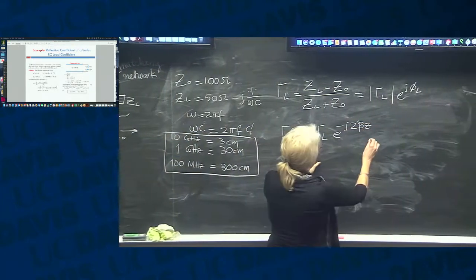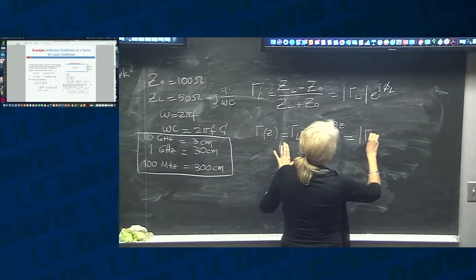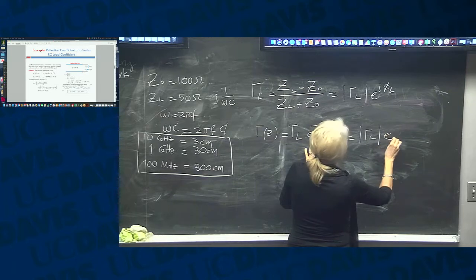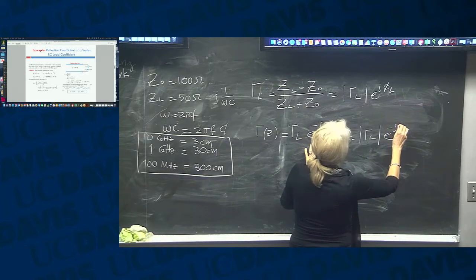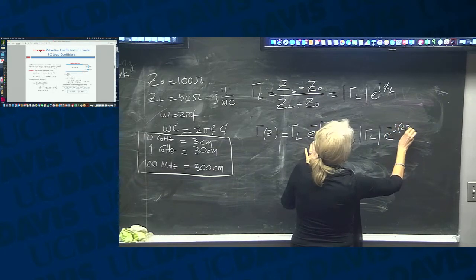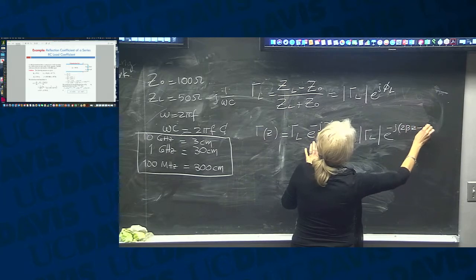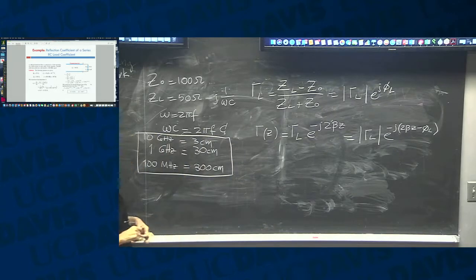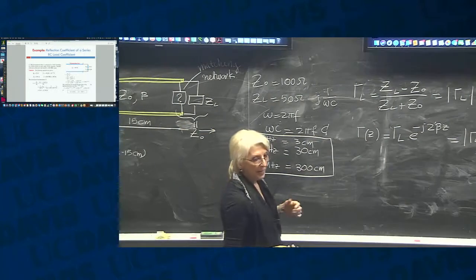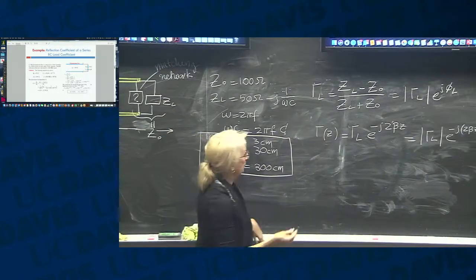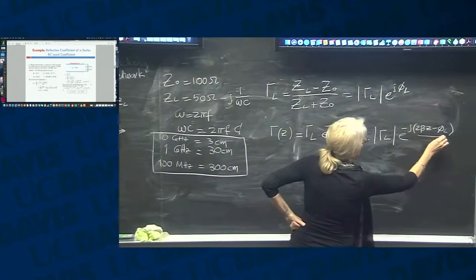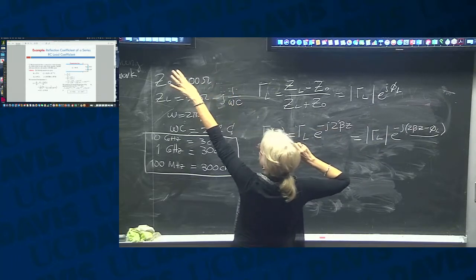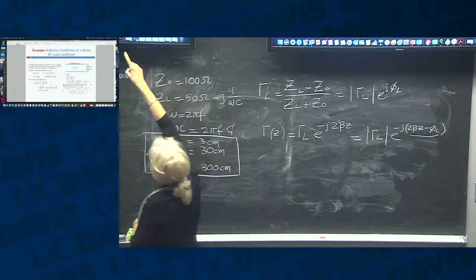All right, so this is going to be gamma L e to the minus j 2 beta z minus phi sub L. Okay, beta. How much is beta? So I need now to calculate this one. I have this and I have that from the problem. You see them there? Here.